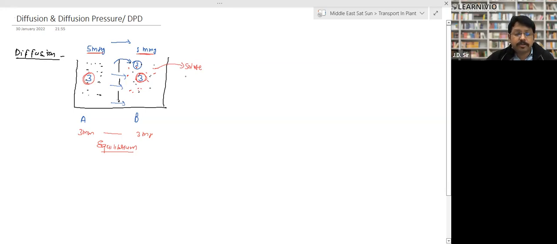The reduction of diffusion pressure of water in a solution over its pure state is called diffusion pressure deficit. Clear?